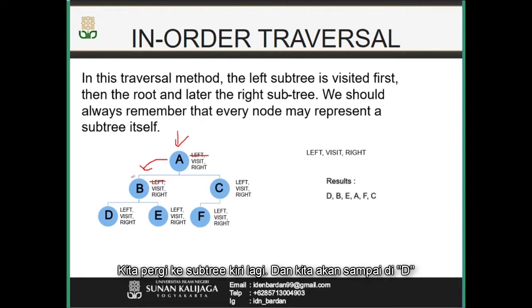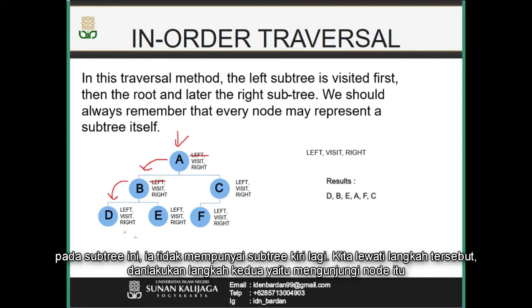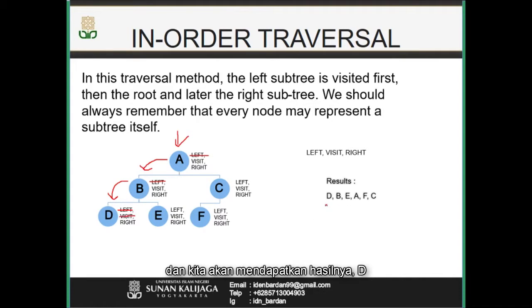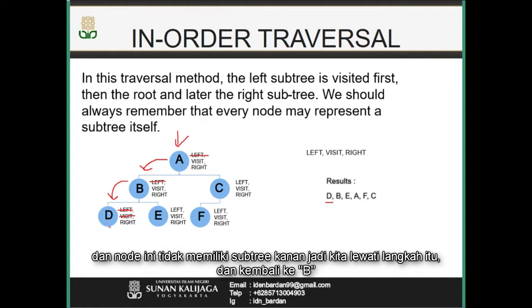We go into the left subtree again and we'll reach D. In this subtree, it doesn't have any left subtree, so we just skip this step and do the second step, which is visit the root, and we will get the result D. And this node doesn't have any right subtree either, so we'll skip these steps and get back to B.